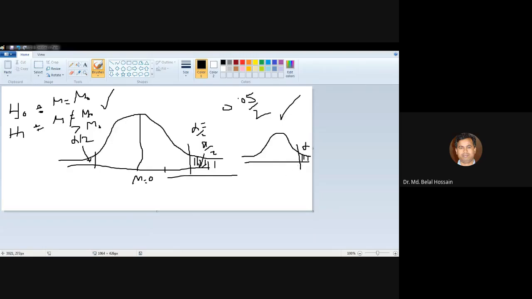We call this shaded area the rejection region, because if the test statistic value lies within this area, we will reject our null hypothesis. This other area is known as the acceptance region, because we accept our null hypothesis based on the value of the calculated statistic.